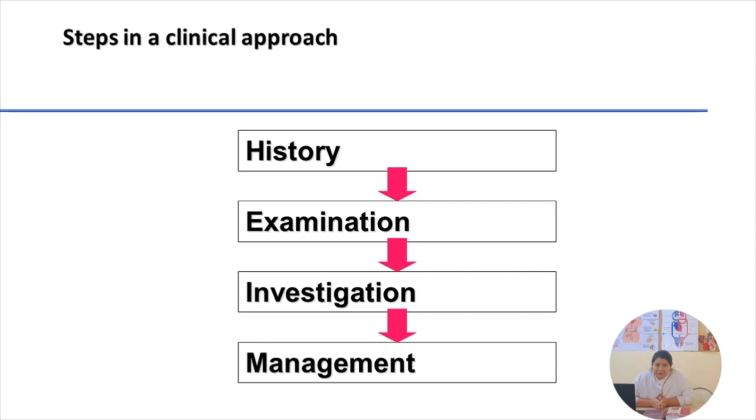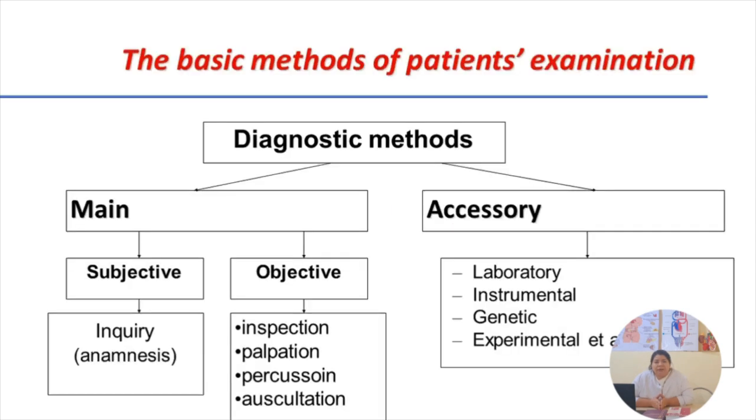There are clinical steps of the clinical approach: collecting the history of disease, doing the examination, providing the investigation, and last is management. There are two diagnostic methods, main and additional or accessory. Main diagnostic methods include subjective and objective.